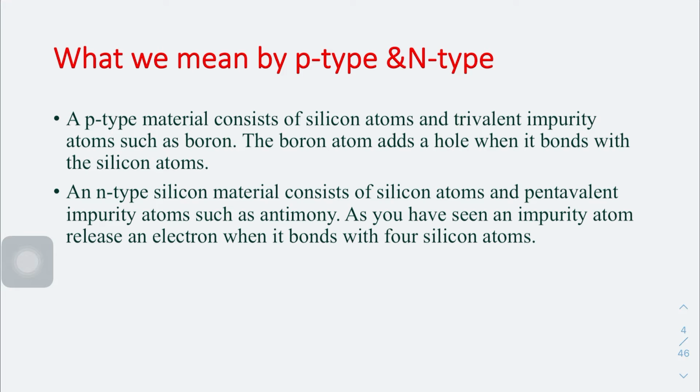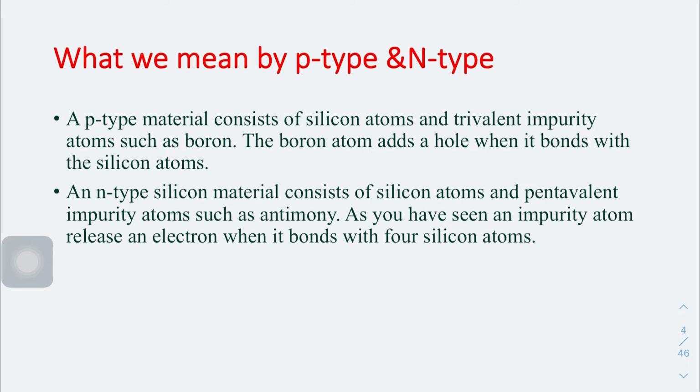Now let me see what we mean by p-type and n-type. As you know, the p-type is a piece of intrinsic semiconductor which is doped by acceptor impurity atoms like boron, and this added impurity adds holes to the semiconductor.